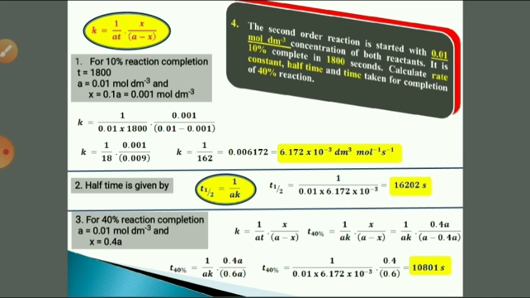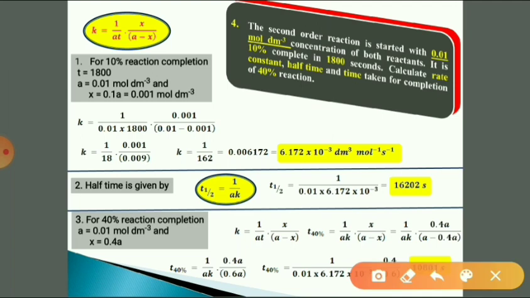In problem number 4, the second order reaction is started with 0.01 mole per dm cube concentration of both reactants, that means the initial concentrations are the same. It is 10% completed in 1800 seconds. Calculate the rate constant, half time, and time taken for completion of 40% of the reaction.